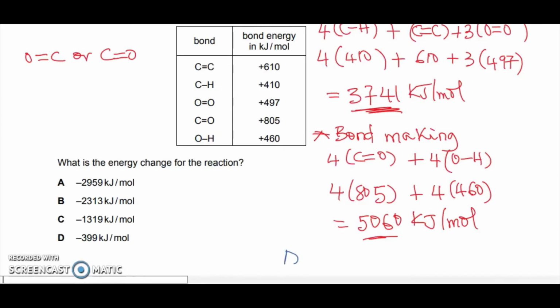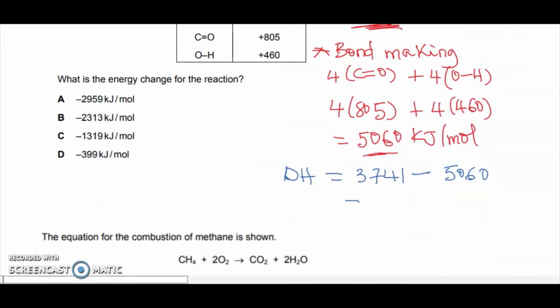So our delta H for the reaction is equal to 3,741 minus 5060, and that's going to give us negative 1319 kilojoule per mole. Do we have the option here? Of course, option C. So did you get this right?